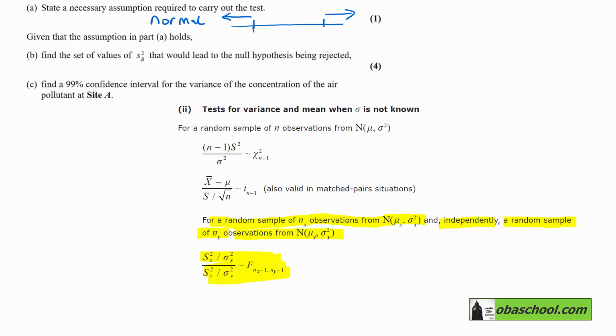So we're looking at a 2-tail test, as we discussed. So we're looking at 1% each end. We'll go to the tables in a moment.